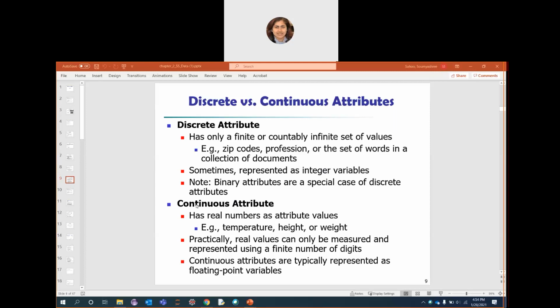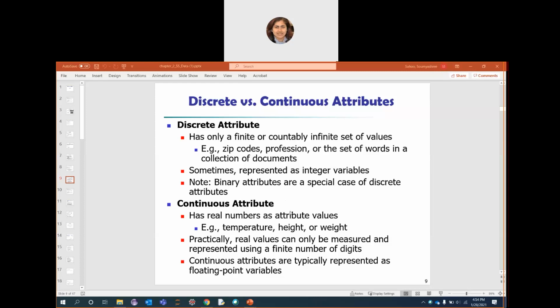Any type of attribute which can be represented with integer variables is your discrete. If you remember the binary attribute from the last slide, a binary attribute can have two forms of data, that is 0 and 1. So this is a special case of a discrete attribute.